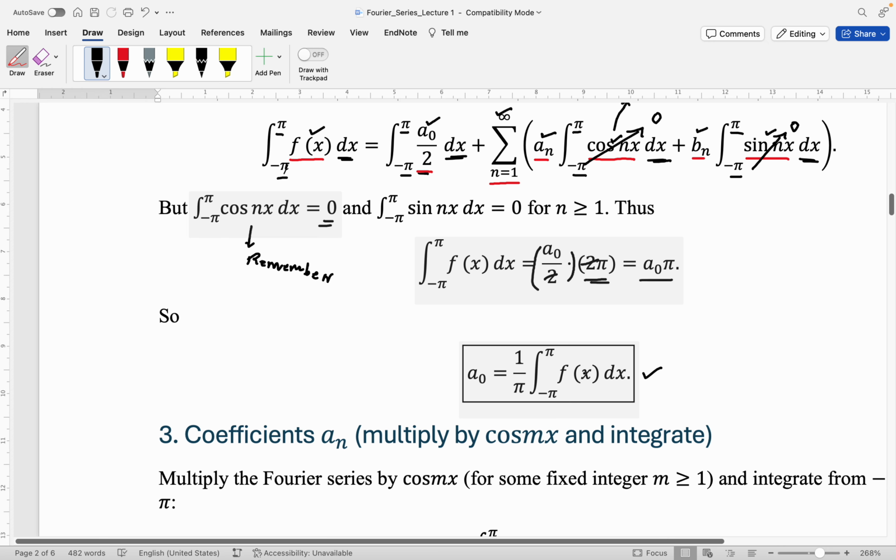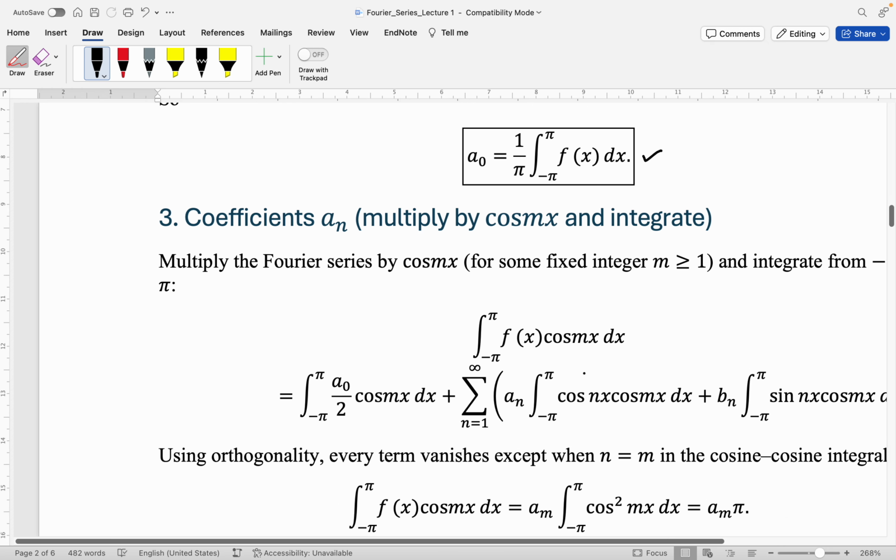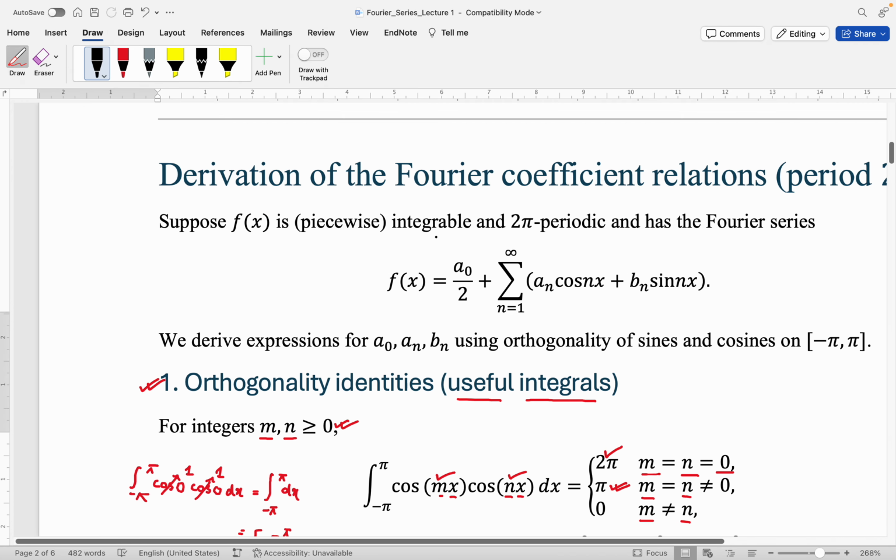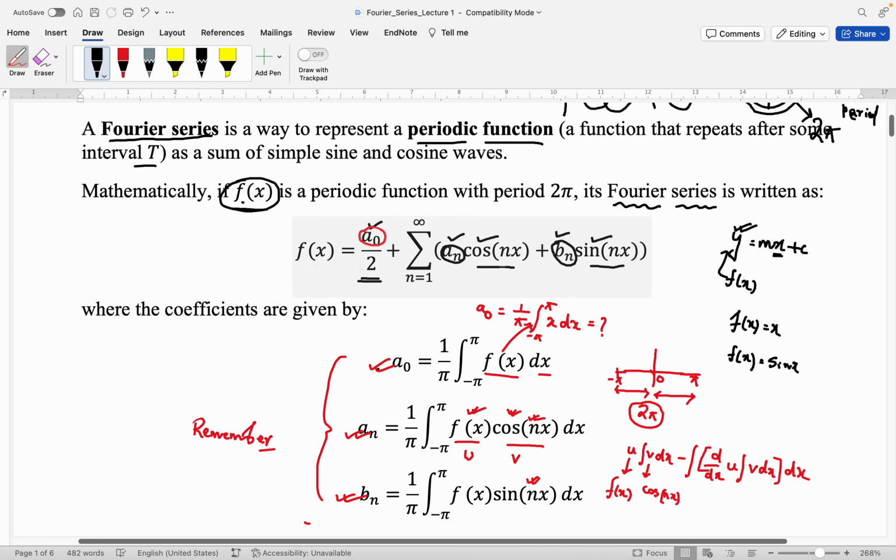Okay, now let's move ahead and find the coefficient of an. This is a trick to remember how to find it. At the beginning, we know that the coefficient of an comes with the term cos nx.